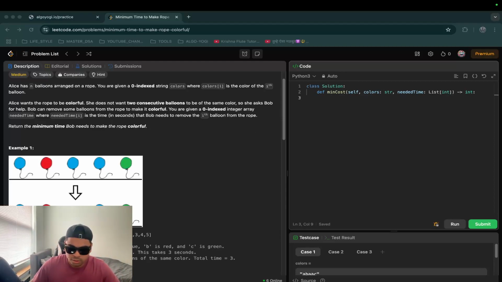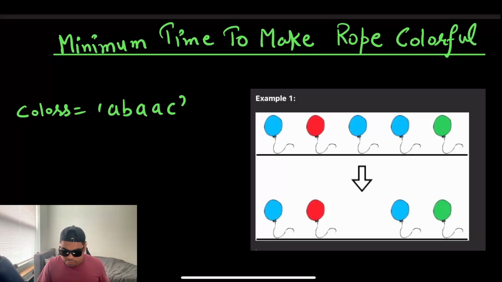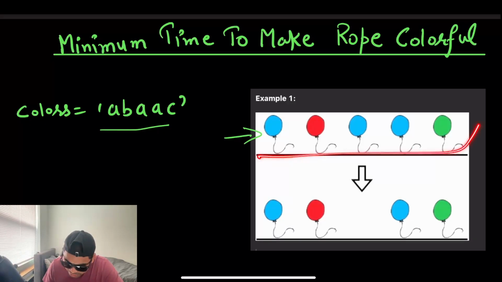So let's go over the example. This one will be easy. This is my colors rope. In the real example it's given as a string, but this is a nice representation they have given us in the description, so let's use that. This is my colors array, which represents the color of the balloons.